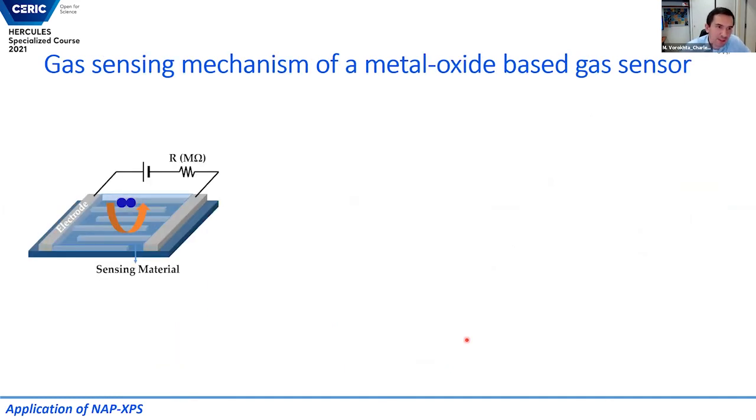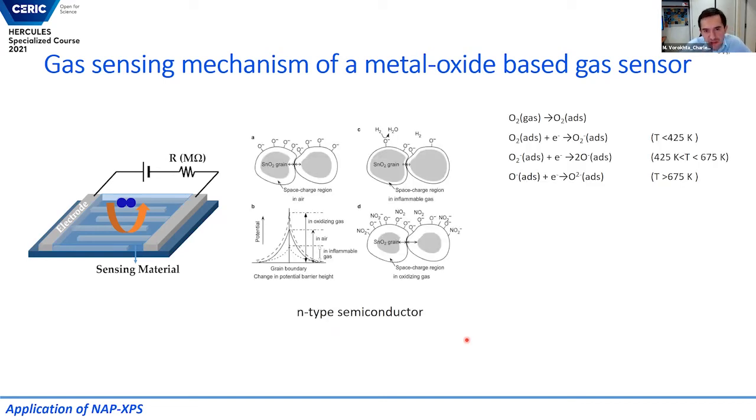Another example is the study of gas sensors. This was also a quite interesting topic, because there is a standard explanation of how gas sensors with metal oxide sensing layers work.